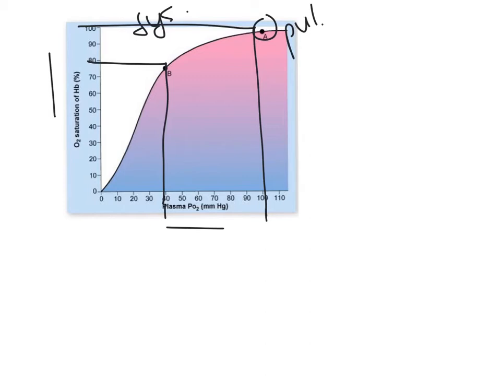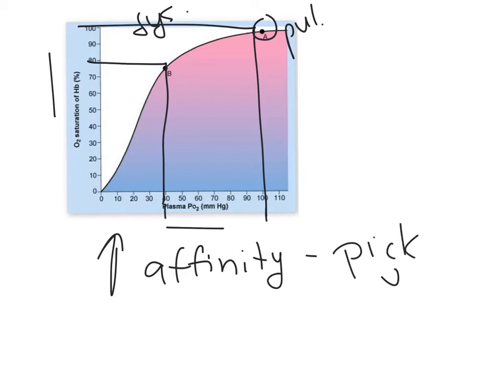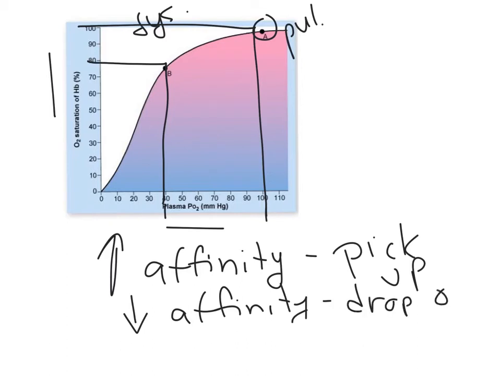So let's go back and just discuss for a second the meaning of this. If we increase the affinity of hemoglobin for oxygen, it's going to want to pick up the oxygen. If we have a lower affinity, it will be more likely to drop off the oxygen.